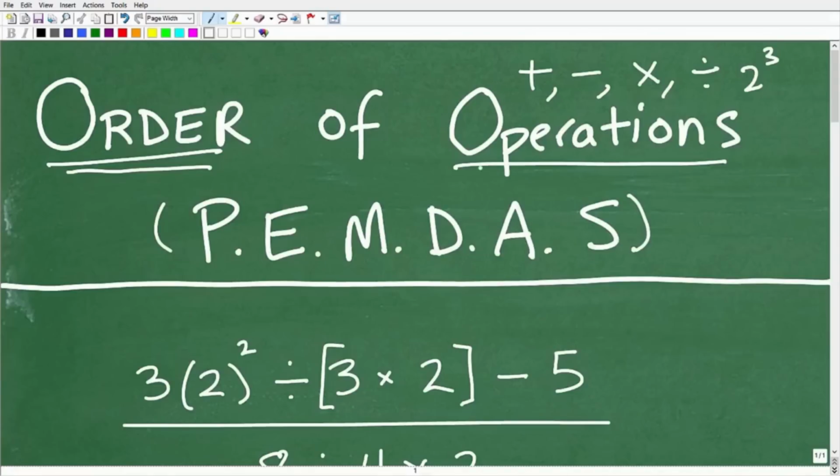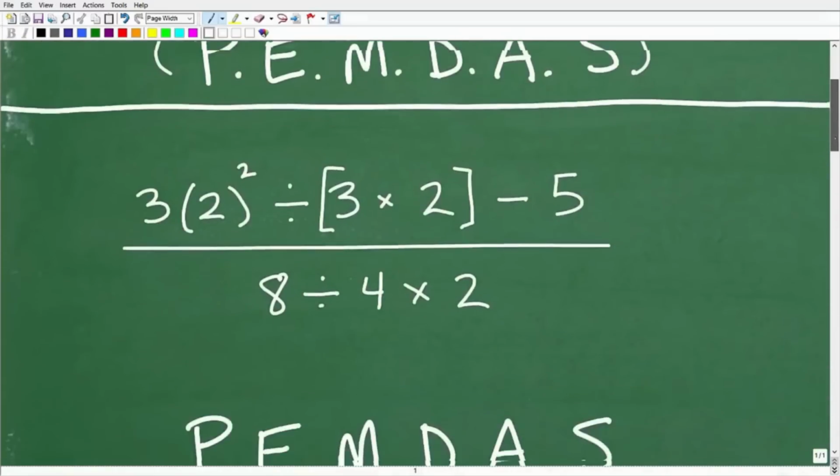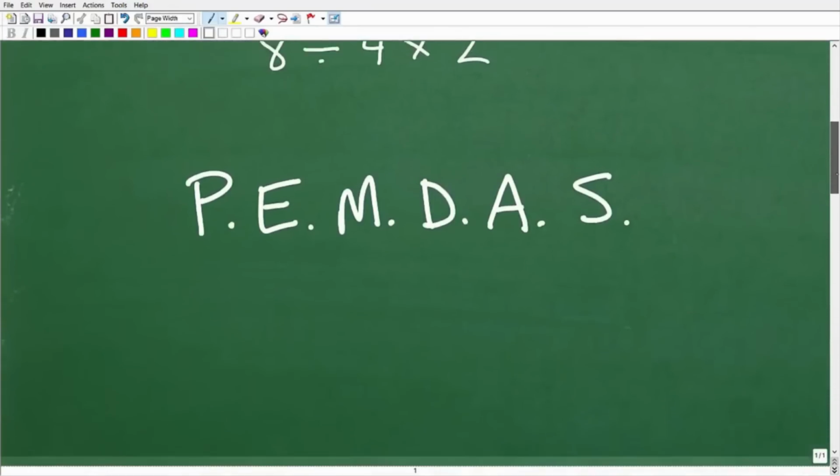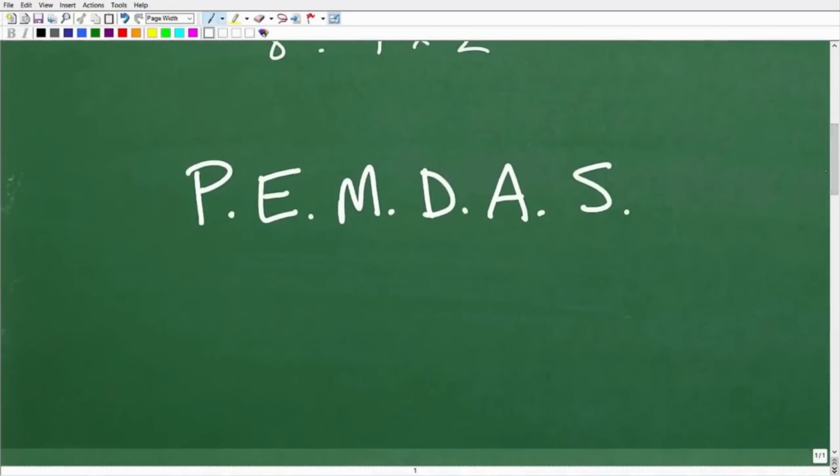There is a very specific order to simplifying expressions that have all these mathematical operators, some or all. All right, so let's get down to this PEMDAS here again. Let's just review what this means. Now, some of you might know this.